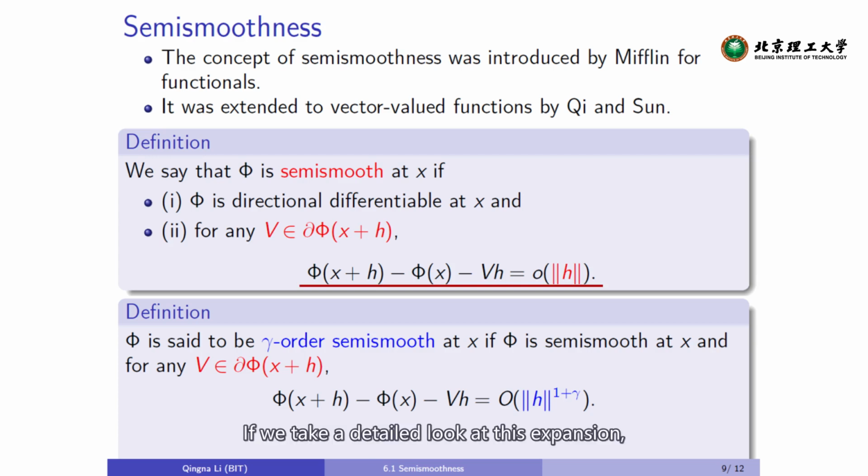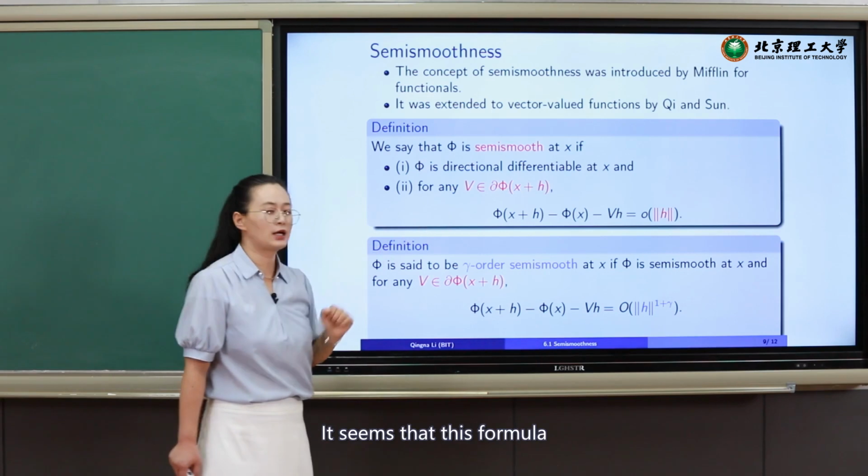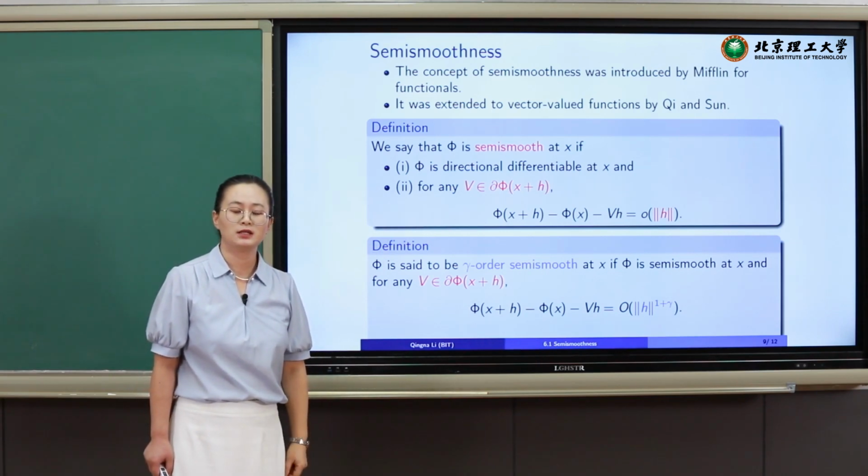If we take a detailed look at this expansion, it basically says that phi at x plus h, minus phi at x, minus V multiplied by h, is of higher order than the length of h. This formula is a bit similar to Taylor's expansion.